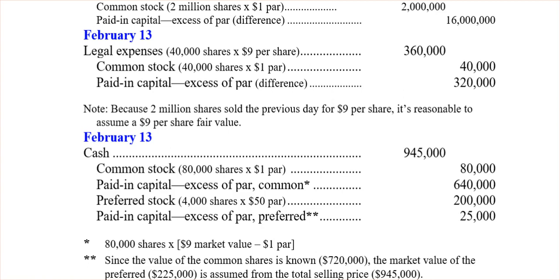You would proportion it according to fair values, your best estimate of fair values. In this problem, it was a subtraction problem. We have a total, we know the value of one, what must be the value of the other one?